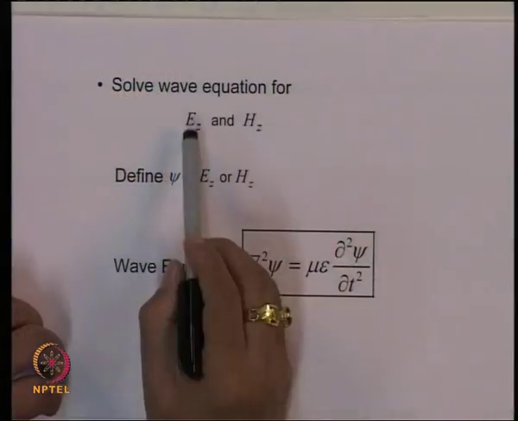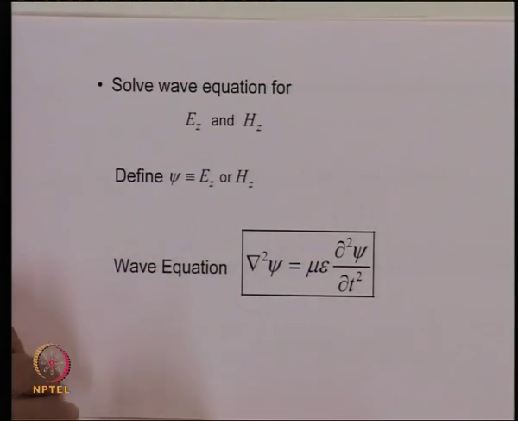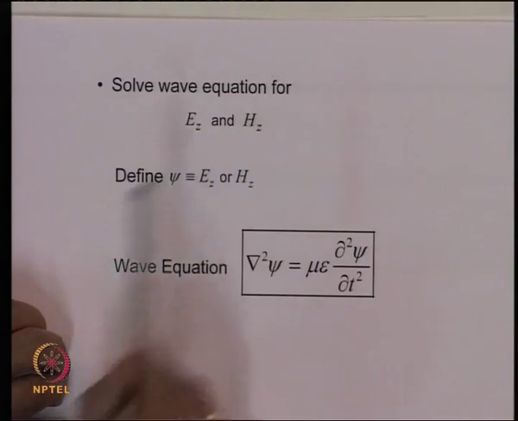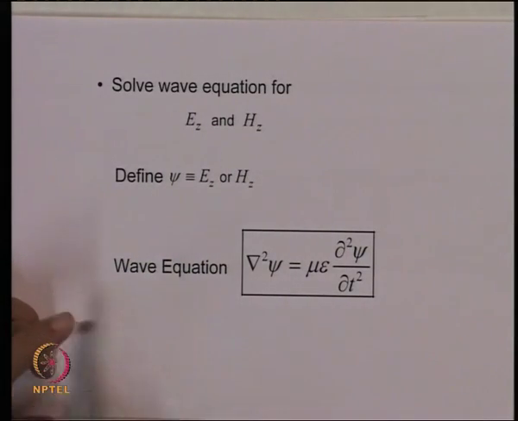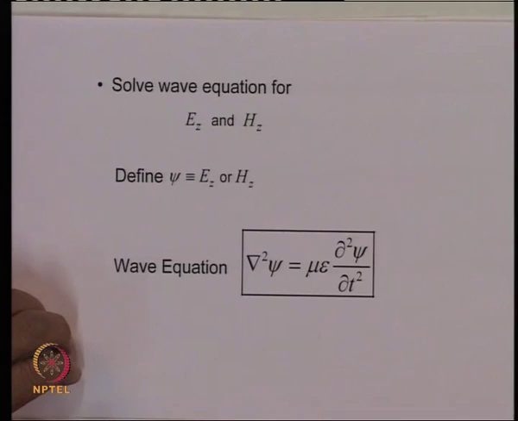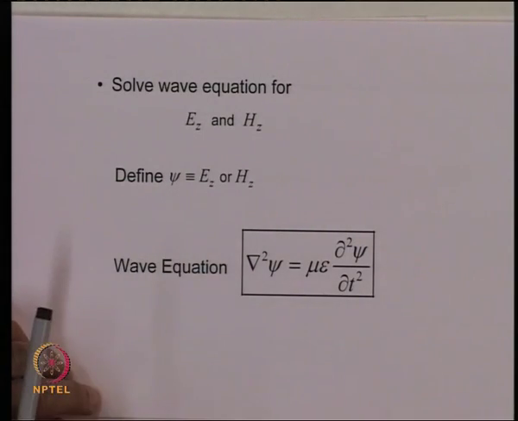Since for solving Ez and Hz, these are scalar quantities with only one component, either Ez or Hz, let us define some quantity psi which can denote either Ez or Hz. So, we have to solve a wave equation which is scalar in nature, where psi can represent either Ez or Hz.